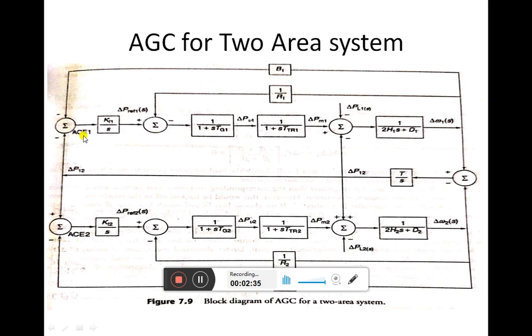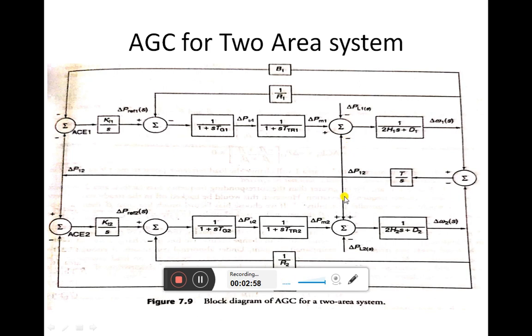And taking this area control error as input, the AGC of area 1 will adjust its output to match the load requirement at present. The same thing happens in area 2 also. So this delta P12 is nothing but the tie line power we consider.